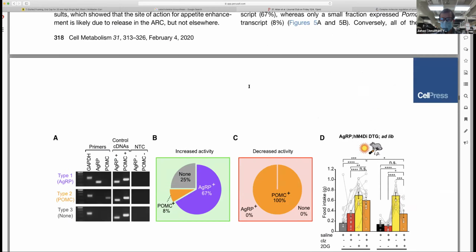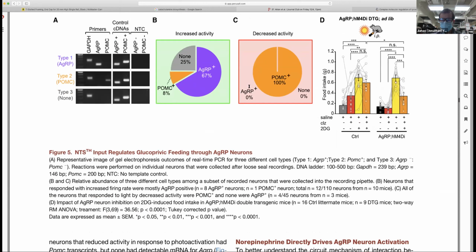So they tell you for B, it only shows like 12 cells out of 110 neurons, 10 mice. And what happened to those unchanged neurons? They must have been sequenced, did they do any PCR, and how much of them show up as AGRP? How much of them show up as POMC?